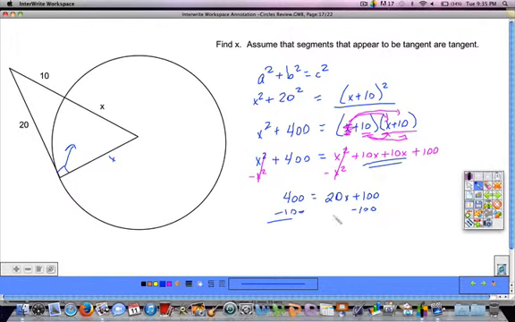Minus 100 minus 100. That's gone. 300 equals 20x. And again, the battery's starting to die on the pen. Divide both sides by 20. And 300 divided by 20 should be 15. So x is 15. No units, so we're good to go with that.